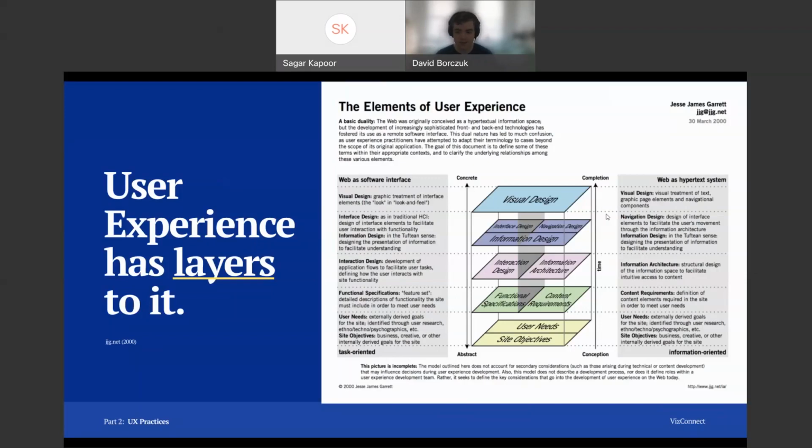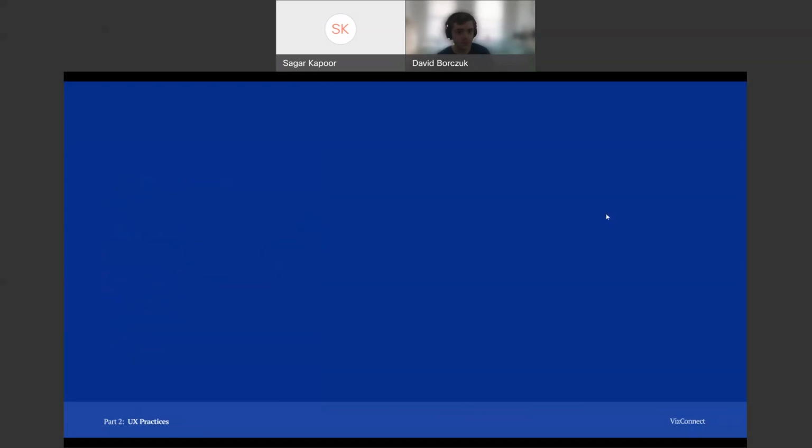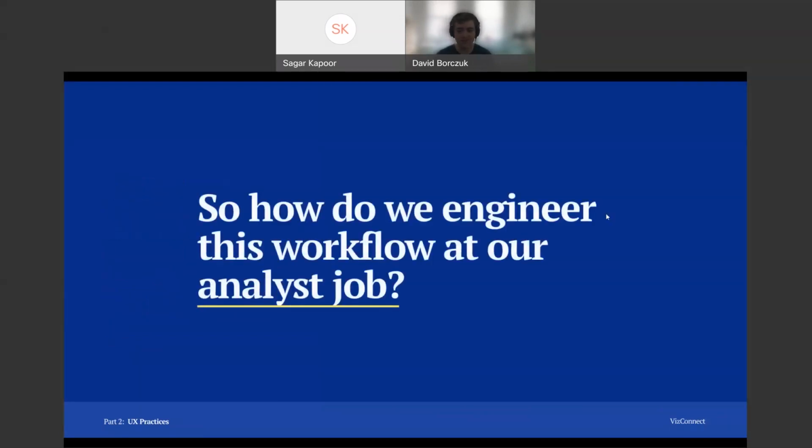And so you're dealing with a cyclical pattern, but you're also dealing with a layered workflow. And so just something to also consider, there's different layers here that you need to work with, and each layer is essential in order to maximize the user experience and design of what you're building. So that's a lot. And how do we take all of that and actually inject it in our analyst job?